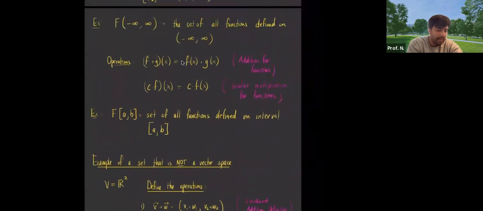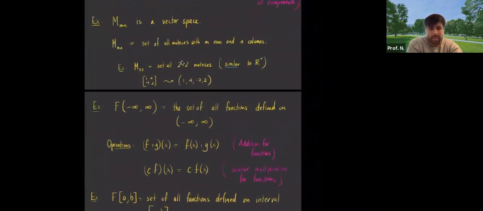All the other ones I've listed here are vector spaces, and you can check for yourself that if I have, for example in this space, any function defined on the interval from negative infinity to infinity, and I add it with another function, then all of these axioms hold.